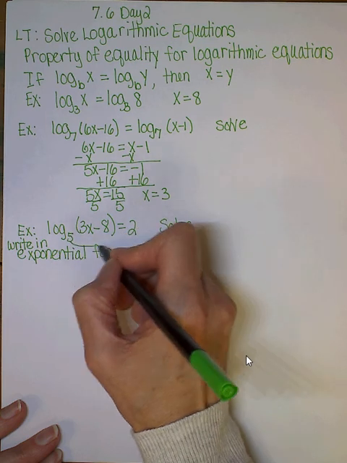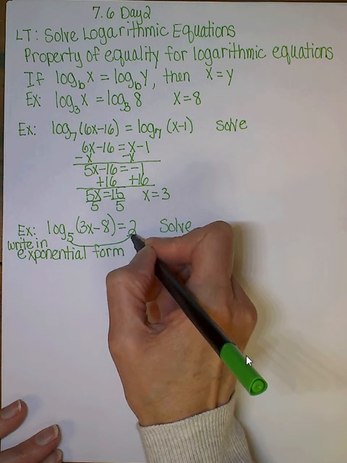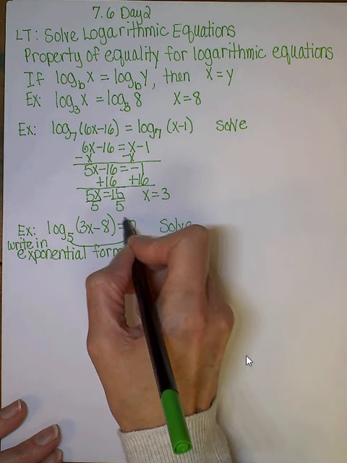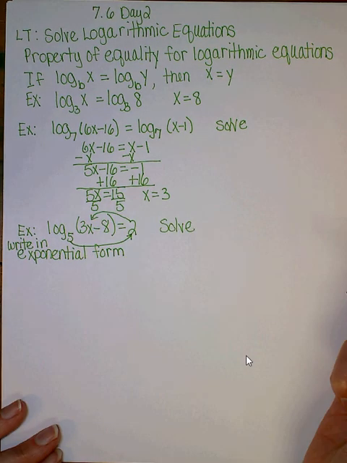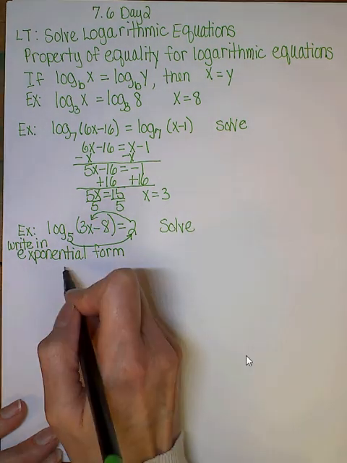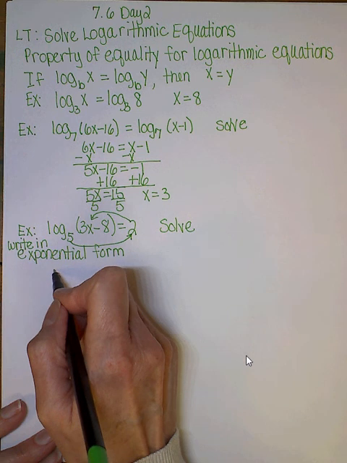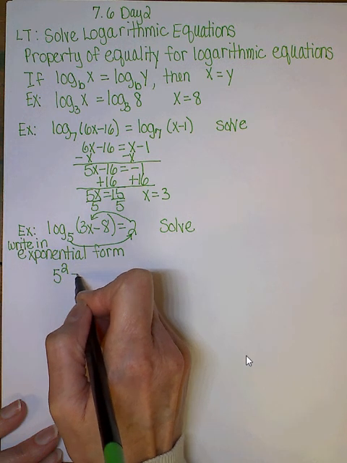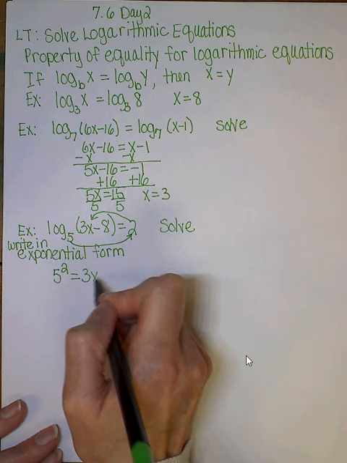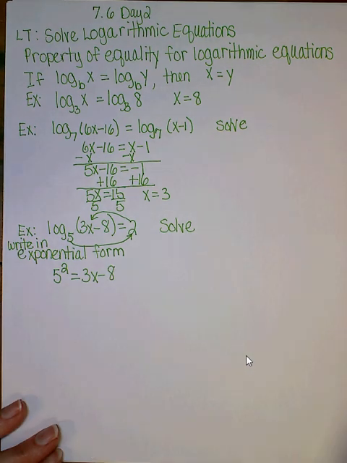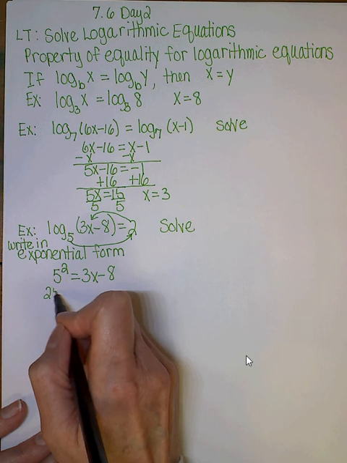This is the base, and then the 2 will be our exponent, and then this is what it's going to equal. Okay, so we can write it in exponential form, and it would look like this. And then it's going to be easy to solve for x. Writing it in exponential form gets rid of the word log.